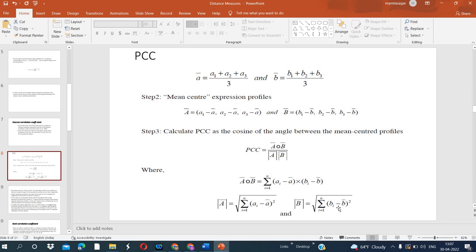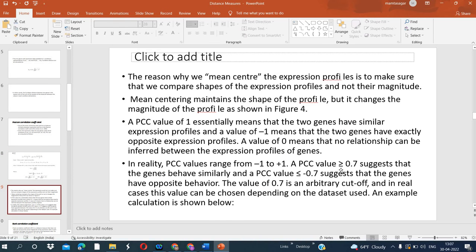So this is how we calculate the Pearson correlation coefficient. Sorry, rank we are not talking about, that is the next method. The reason why we mean center the expression profiles is to make sure that we compare the shapes of the expression profiles and not their magnitude.